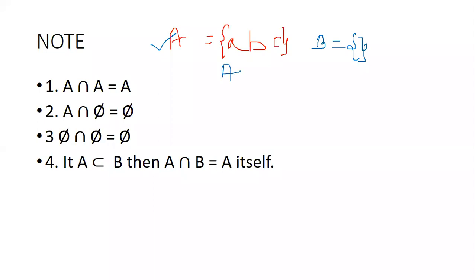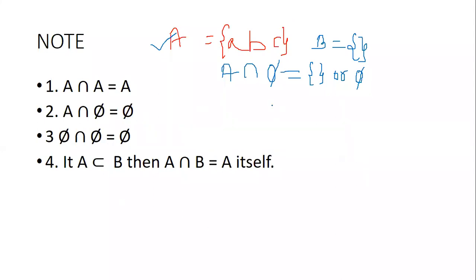Now A intersection null set is equal to what? Is there anything common between A, B, C and the null set? No. There is nothing common between them. So since there is nothing common, again you will have a null set here. Since we are not having any element, I'll write only brackets, or I'll write it as null set. So A intersection null set is null set.